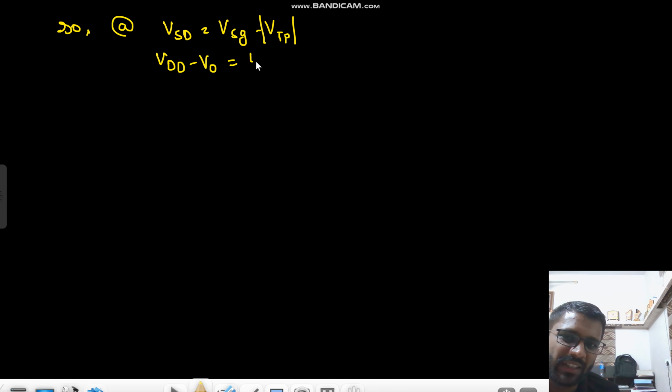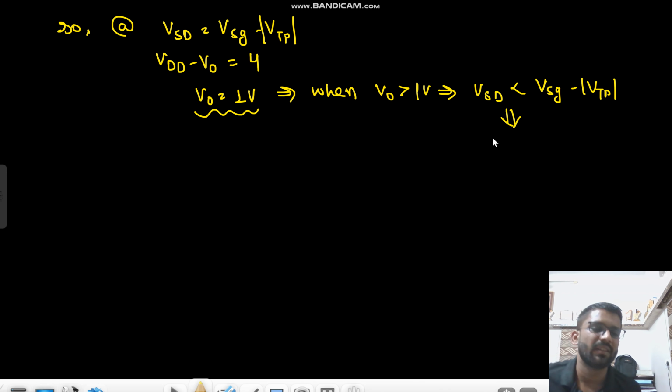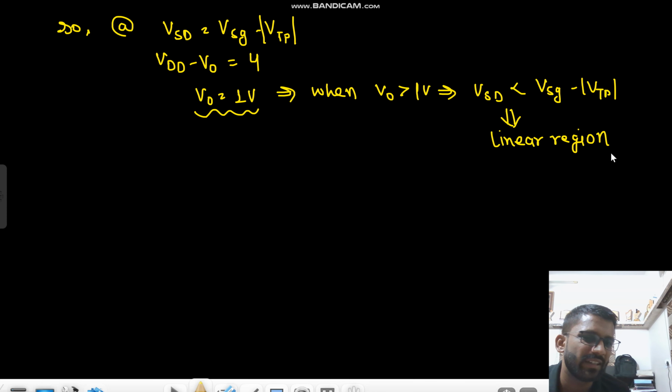Your VSG minus VT is 4 volt. So VDD is 5 volt, so V naught would be equal to 1 volt. So when V naught is greater than 1 volt, at that time your VSD is less than VSG minus VTP. That means at that time we are moving towards the linear region.